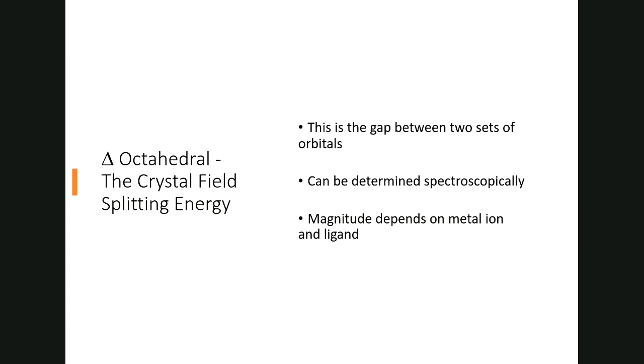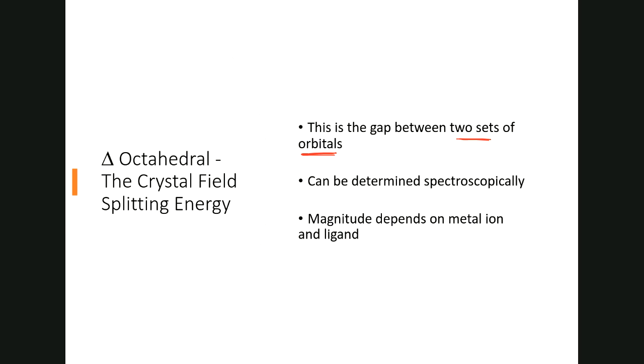All right, Justin. Okay, so we're going to take a little bit to talk about delta octahedral, which is actually very important. This is the crystal field splitting energy, and it's a gap between two sets of orbitals. When we did octahedral, we saw it was between the T2g set and the eg set. For tetrahedral, it was between the e set and the t2 set, and for square planar, it was between the dx squared minus y squared and the dxy.